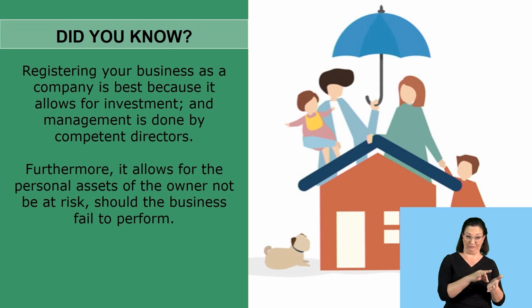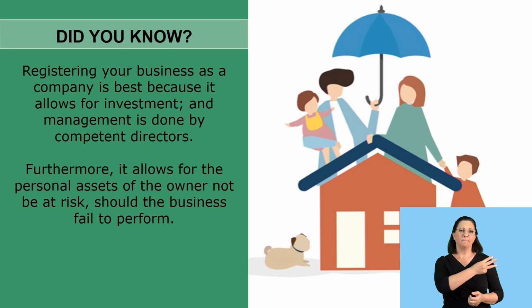Did you know registering your business as a company is best because it allows for investment and management is done by competent directors. Furthermore, it allows for personal assets of the owner not to be at risk should the business fail to perform.